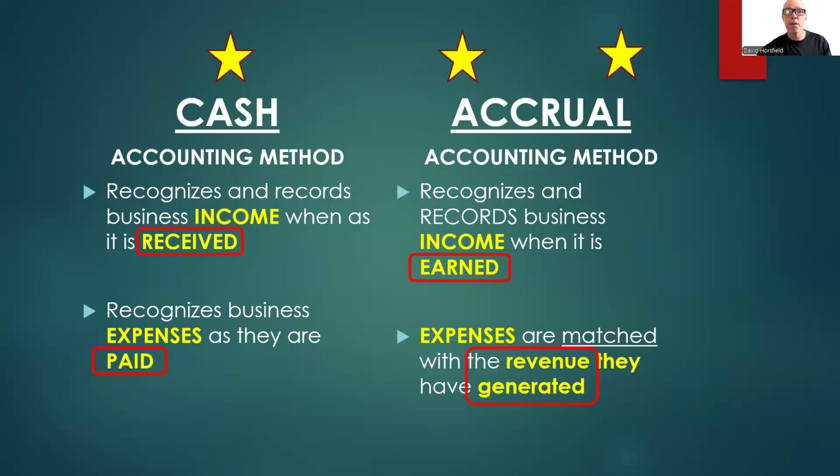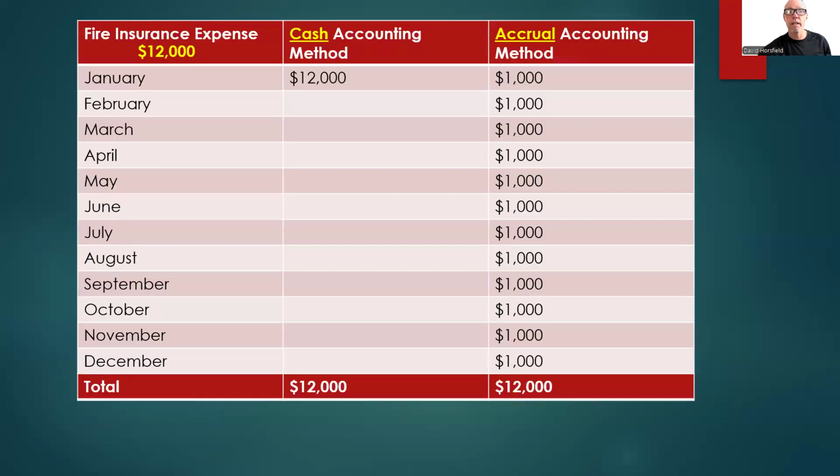If I bought lemons and sugar today to make lemonade, I don't necessarily do anything with that cost in a journal entry until I've got some revenue that goes with it. So income received versus income earned, and expenses paid versus revenue generated, is a key piece of cash versus accrual accounting. And here's a great example.